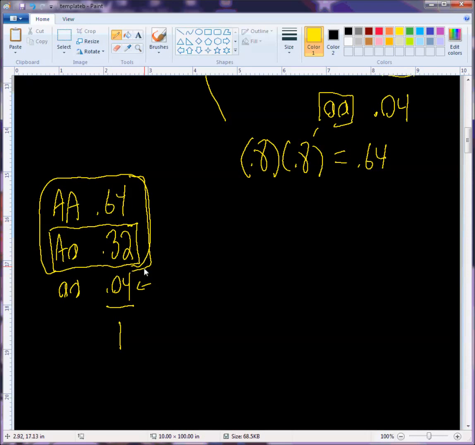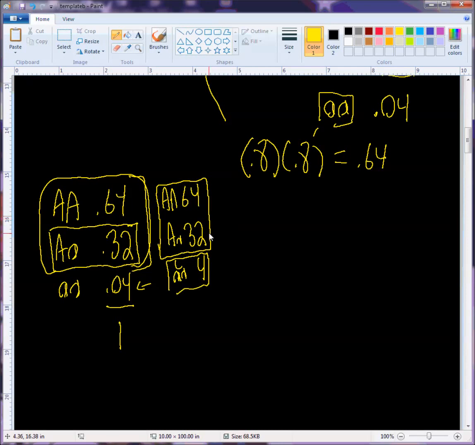If we assumed a population of 100 people, 64 of them are going to have two big A's. 32 of them are going to be heterozygous. 4 of them are going to be homozygous recessive. So we are only interested in these right here because we can tell these genotypes.